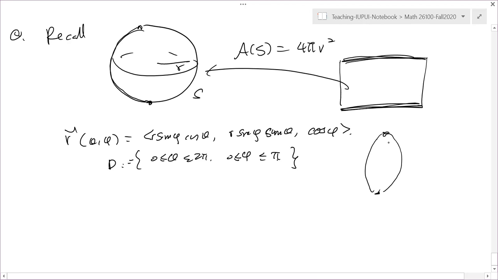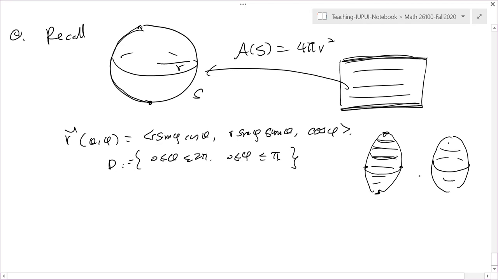Then step 2, you glue these two together to form something like a football, and then stretch it. Then you get a sphere. That's how you get the sphere. This is this map.